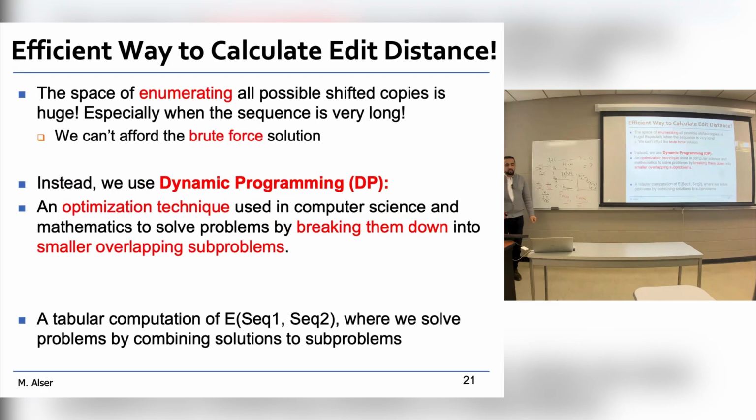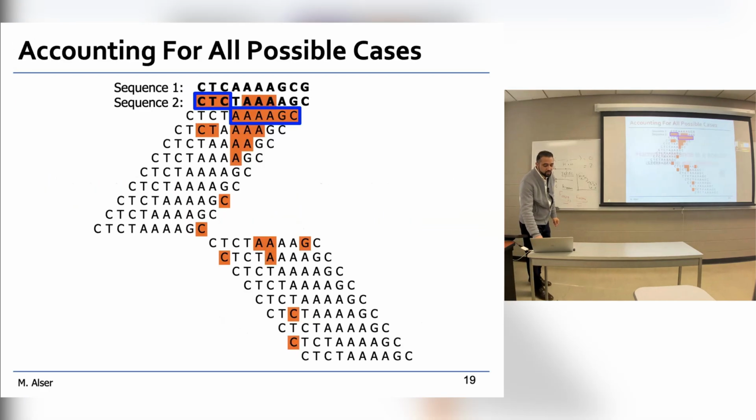All right. So now, do I really need to do this every time I need to calculate edit distance? This is a very expensive approach. And if you know computer architecture, if you studied computer organization, you know shifting is always expensive, okay?